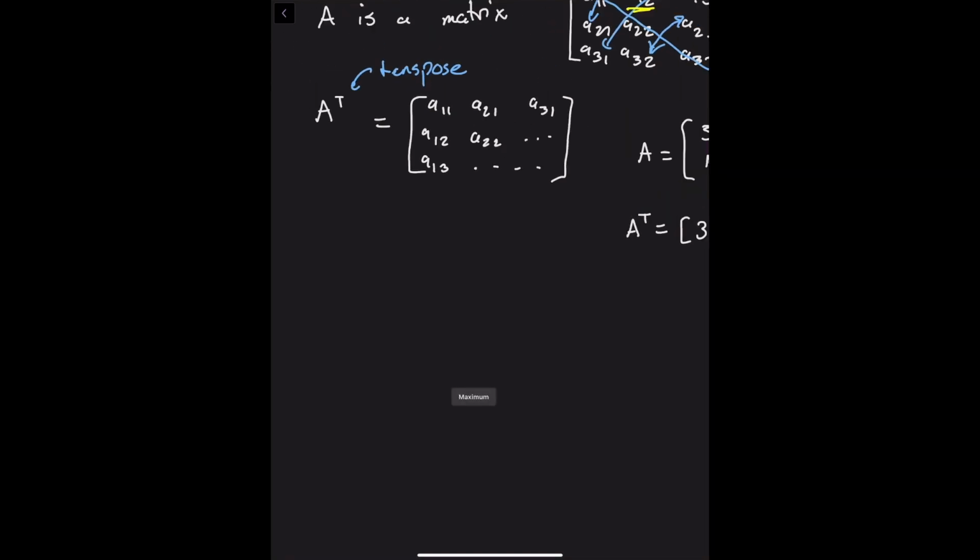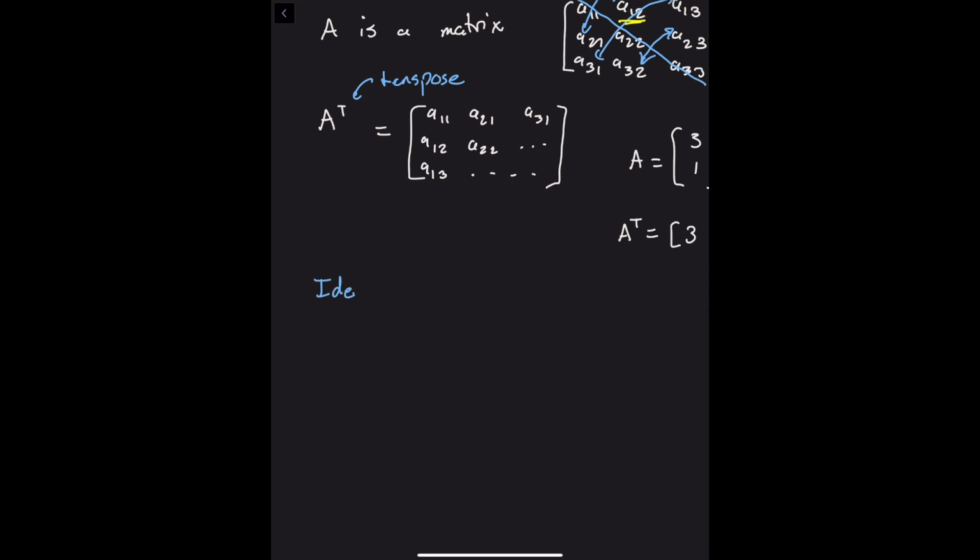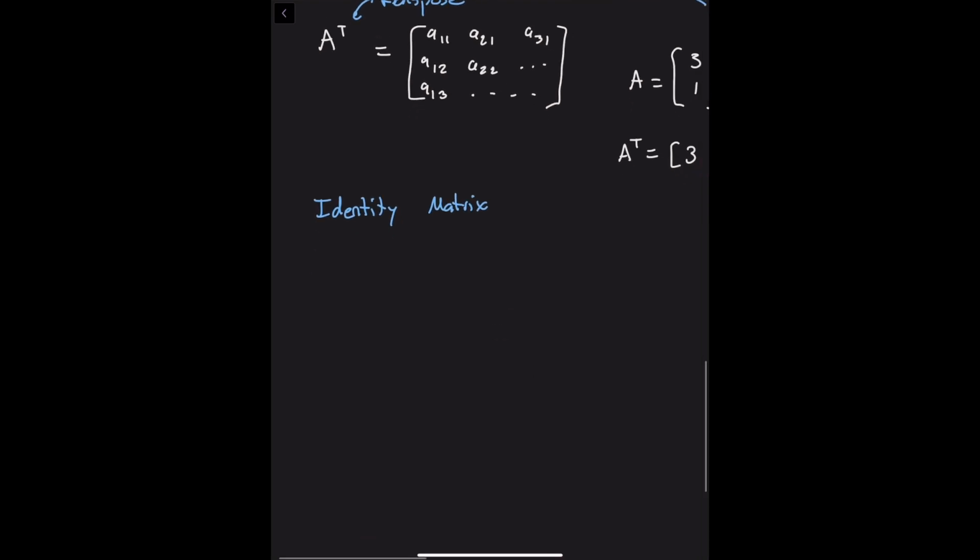Another important matrix is the identity matrix. Just like we have the identity in multiplication and addition in normal math, which you probably haven't heard it called that, but the identity is 1 in normal math. We can have the identity matrix, which is the same thing, but in matrix operations.